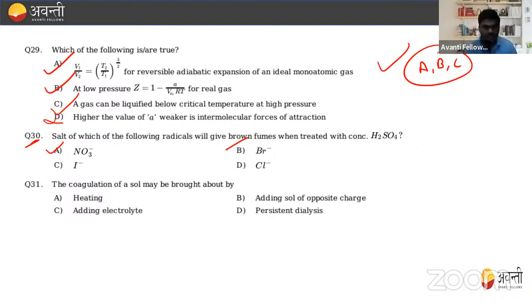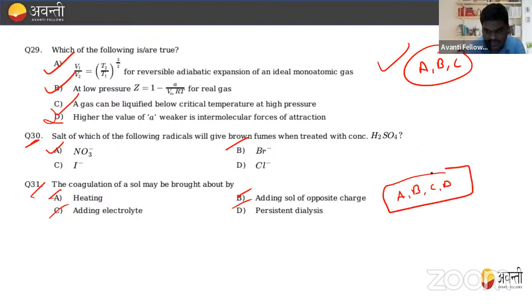Now, 31 question. The coagulation of sol may be brought about by heating, addition of sol of opposite charge, this is correct. Adding electrolyte, this is also correct. Persistent dialysis. So what is the correct answer of this? That is all of the four options. That is A, B, C, D. So all these four options are correct, right?